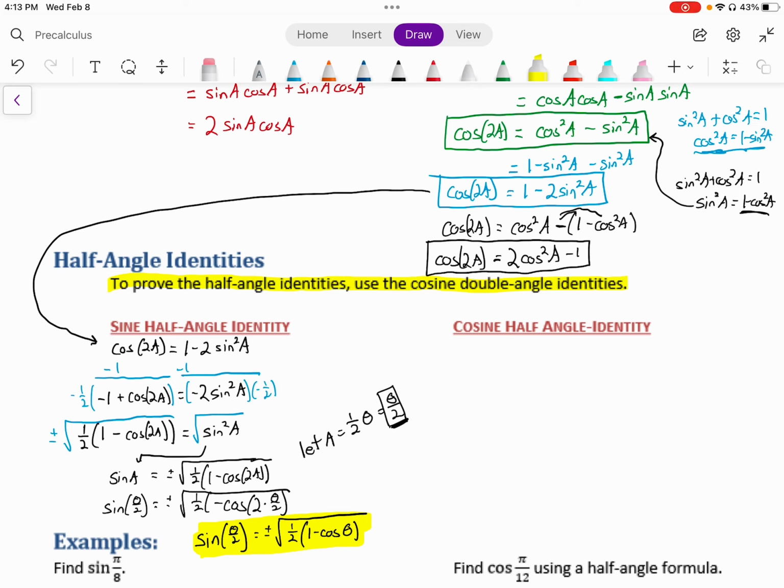All right, now we're going to do something similar, but this time we're going to start with this form, and we have cosine of 2a equals 2 cosine squared a minus 1, and this time we're going to solve for cosine of a. So we want to get cosine of a by itself, and it's going to be very similar. This time we add 1 to both sides.